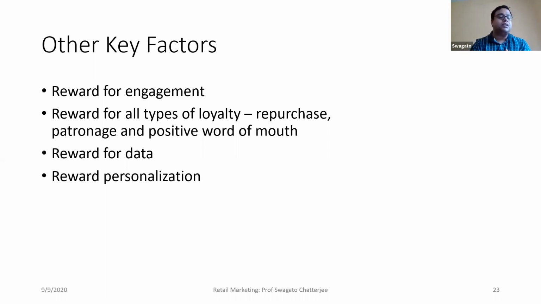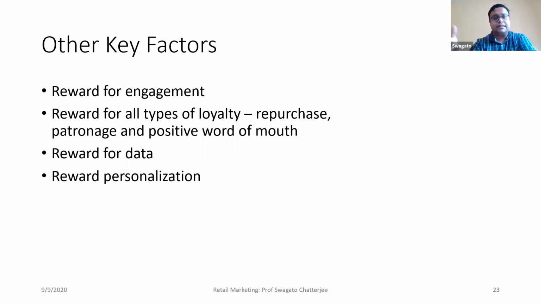You will do some other rewards which will not be cutthroat for you, but still will give certain appreciation to the people who want to come to you. And obviously, as I told, for positive word of mouth, if somebody gives a good review, you might want to give him some points or some benefits.